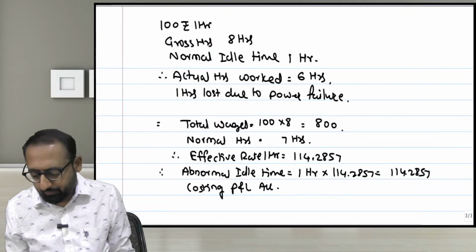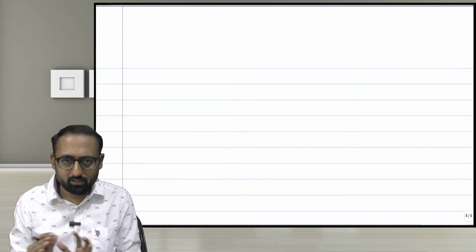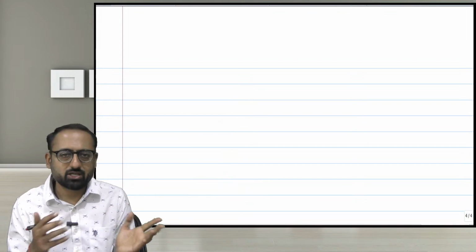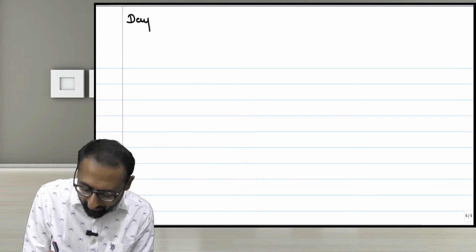Now let's see, Prabhu. Everyone, please concentrate here. Now, how to prepare a table? Let's understand that. I'll show for A, B, and C. You can check from the module. So this first column will be day.